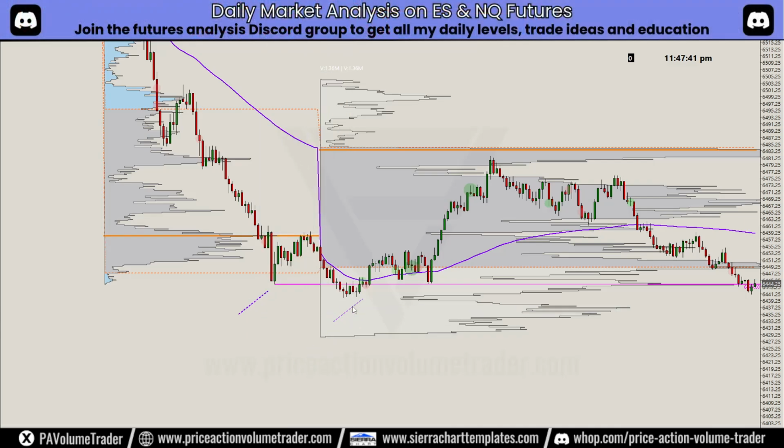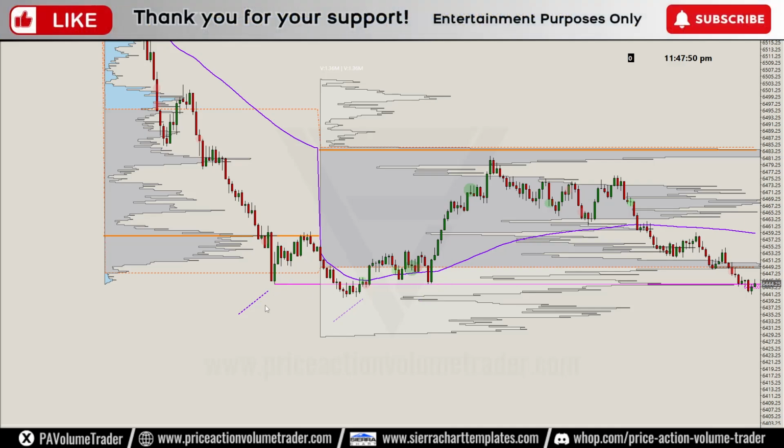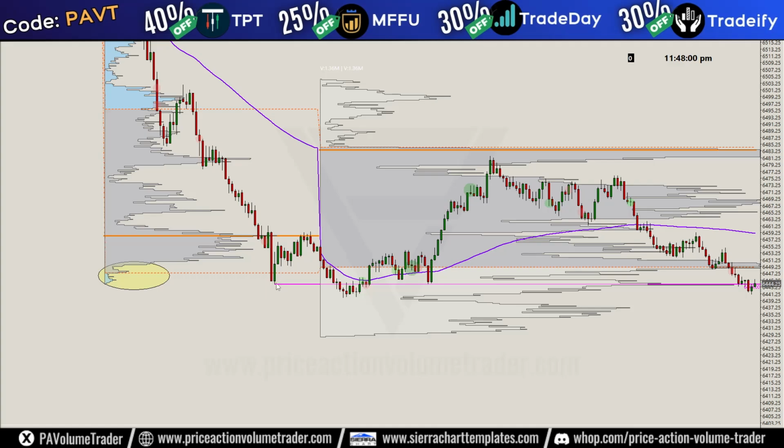We just put in a very, very nice over under pattern where we had the left shoulder here, then the head pattern there, and then a retest of the left shoulder level for a bullish action pattern right near a low volume node support area as well, right at the lows from this high volume node that we had on the overnight.